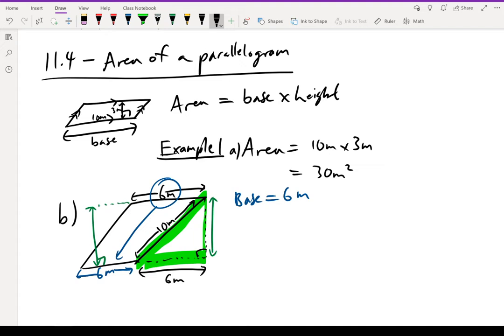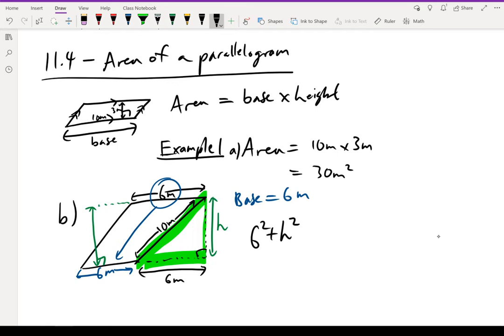So let me just first label this side as h. And so I can write down an equation. 6 squared plus h squared. Now remember, for Pythagoras theorem, the two legs, it has to be the non-hypotenuse sides, not the diagonal side.